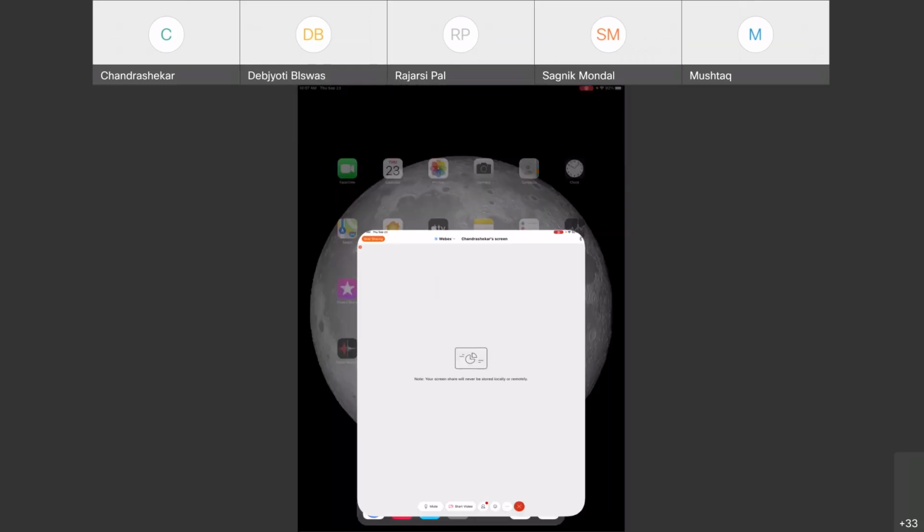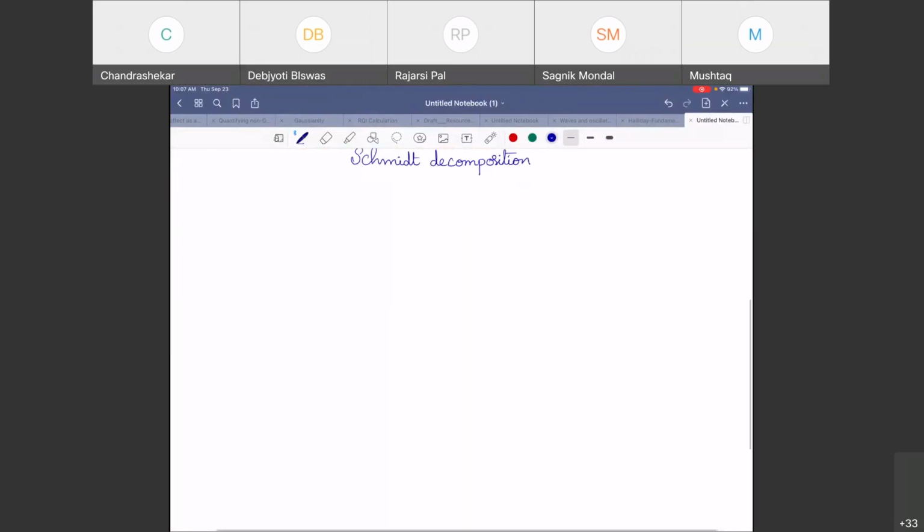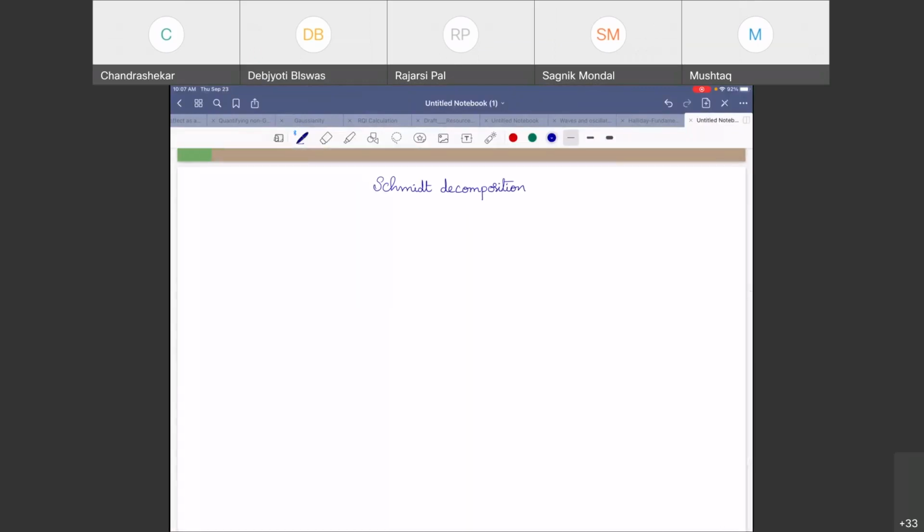Yes, now you can see the screen. Can you confirm it's getting recorded as well? Yes. What is the record button here? Not this red one, I guess. It's this orange one right here, right? Oh, yes, this one.